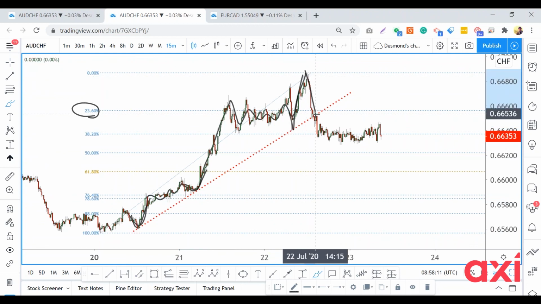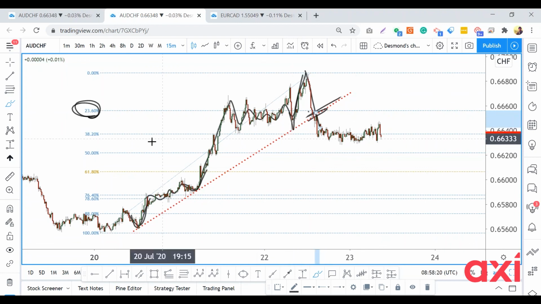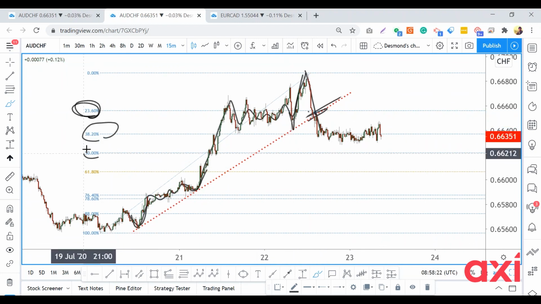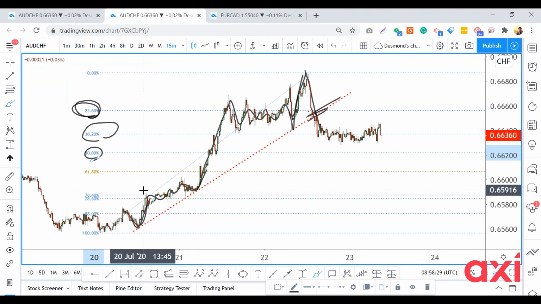When it breaks this level, not only does it break the 23.6 retracement, but it also breaks this ascending line. Then that confirms a reversal for you to 38 and even to 50%. So that's one way that you can combine Fibonacci with trend trading.